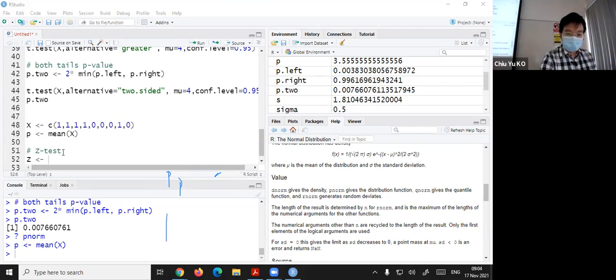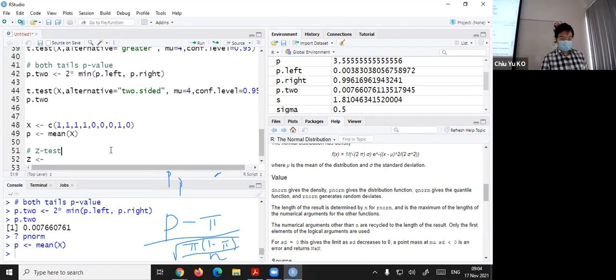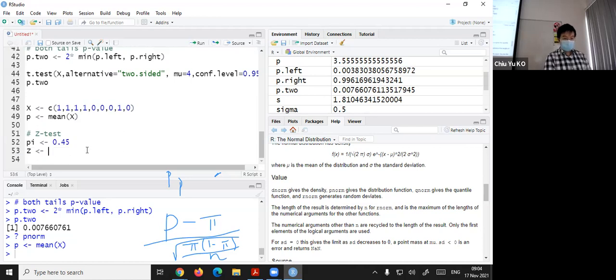The formula is P minus pi over the square root of pi times 1 minus pi divided by n.